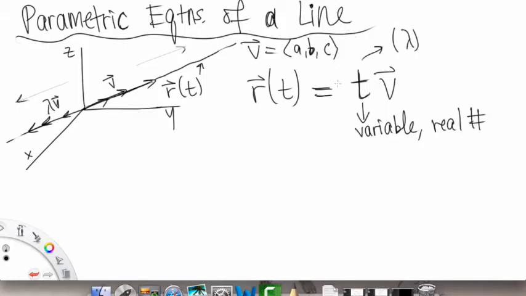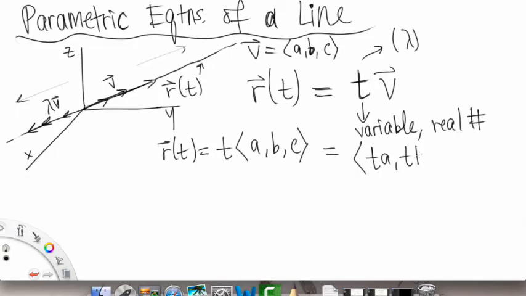Okay, so if v was a, b, c, then we have that r of t equals t times a, b, c. And if you want to rewrite it one more time, we can distribute the t inside, so we have t times a, t times b, and t times c.